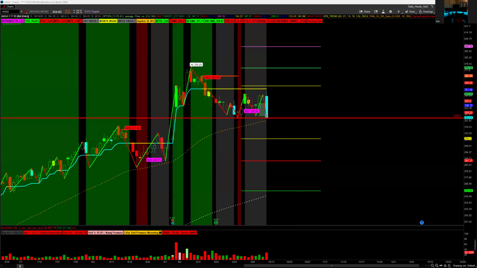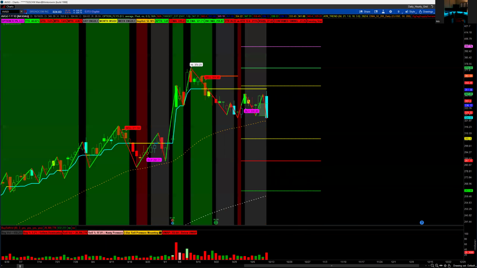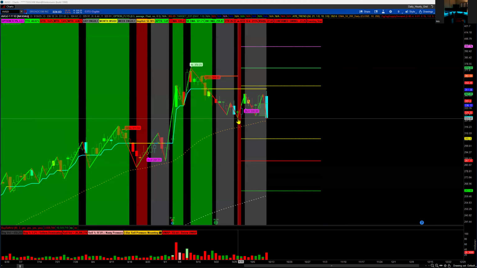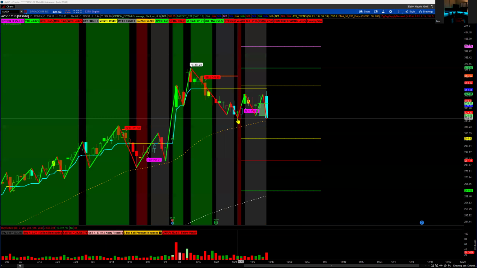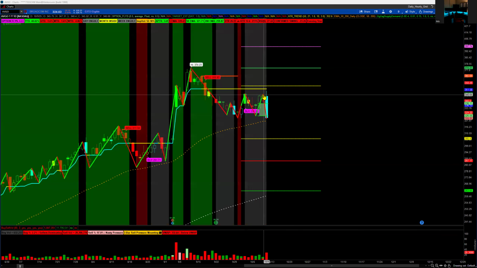Broadcom, 40%. This thing is going to fail tomorrow. That mean reversion signal triggered. You see it took out. I didn't really break it yet, but it will. Sentiment is, I mean, I played this move.